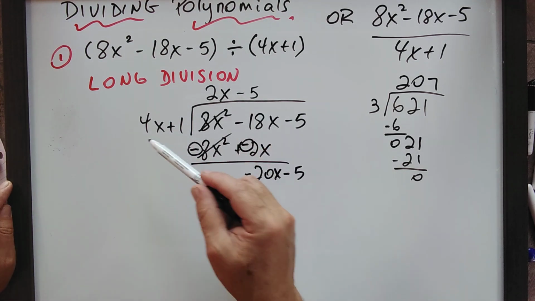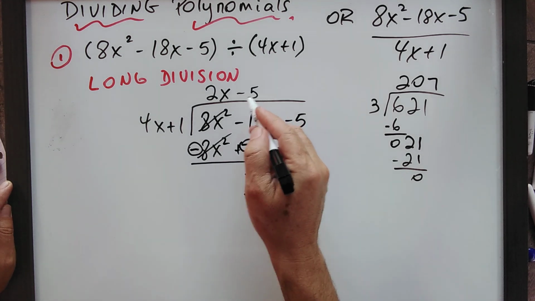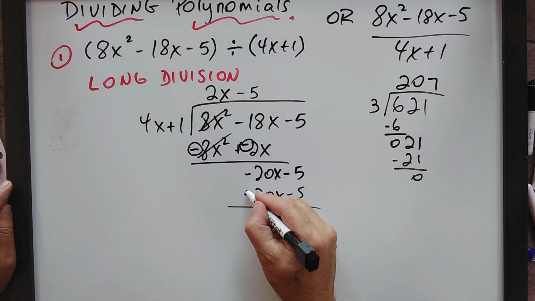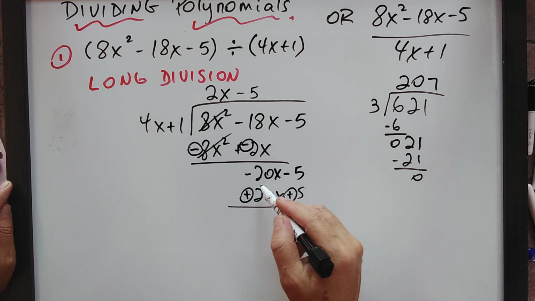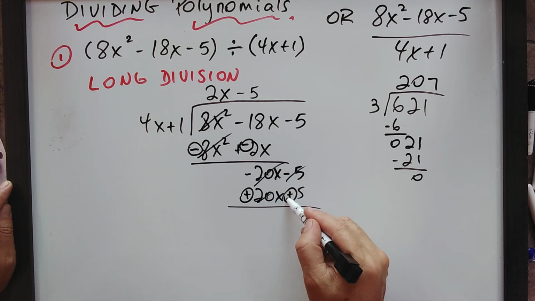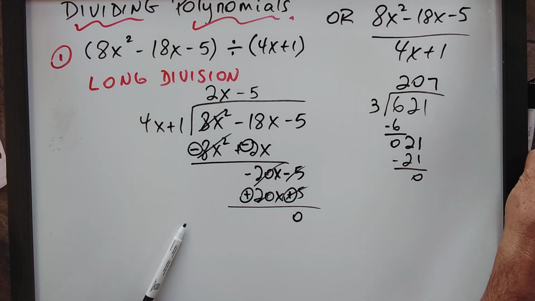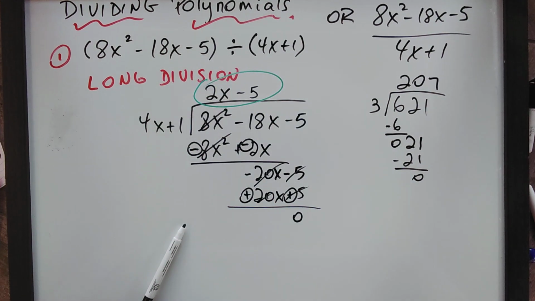Divide negative 5 by 4x, negative 20x. Negative 5 times 1 is negative 5. We subtract, which means you change signs to the opposite. Positive, positive, and everything's going to cancel out. So I get a 0 remainder. This right here is my answer: 2x minus 5.